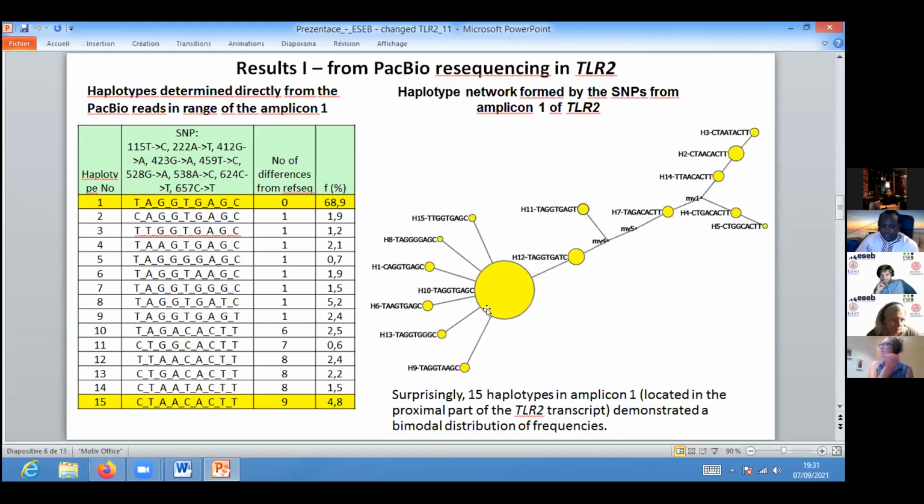And surprisingly, we found 15 haplotypes in amplicon 1, located in the proximal part of the TLR2 transcript.